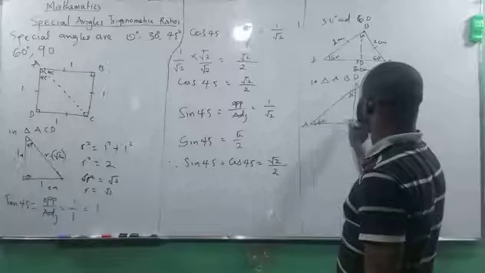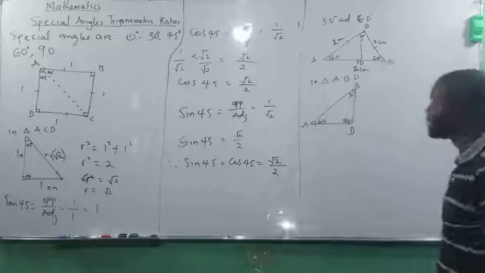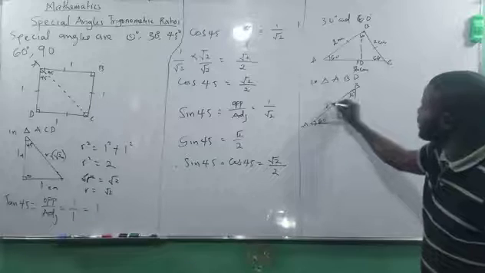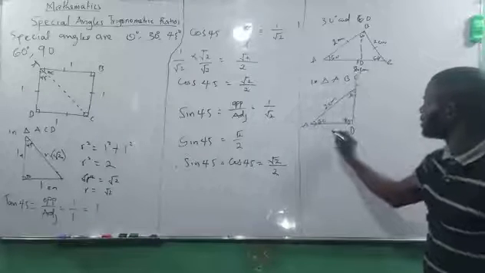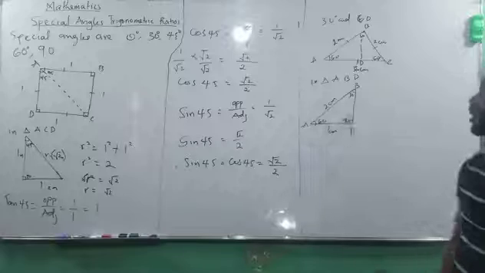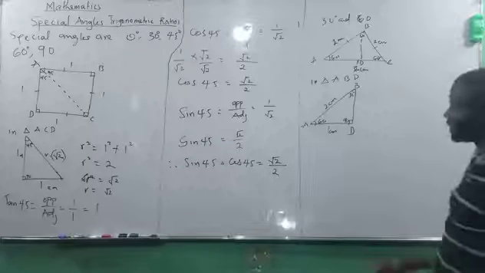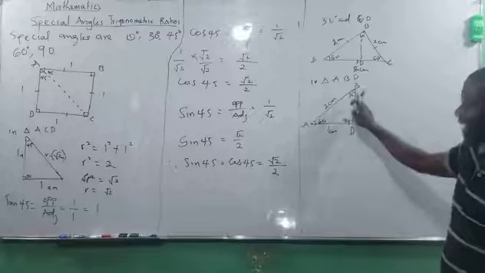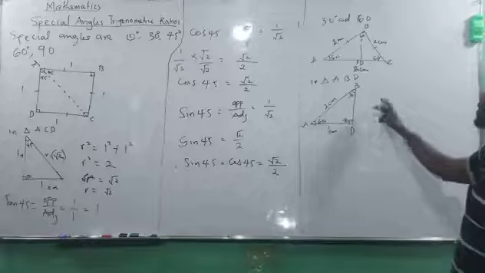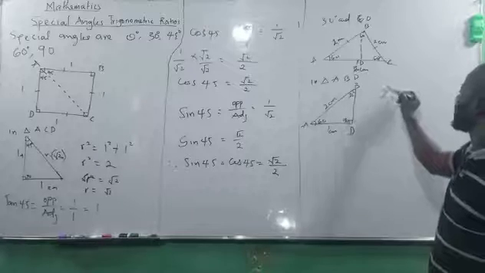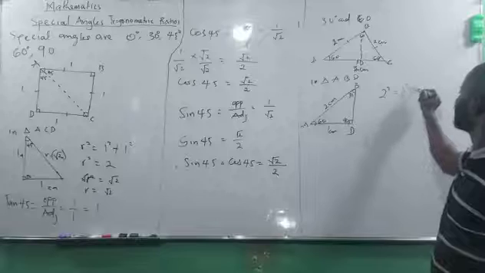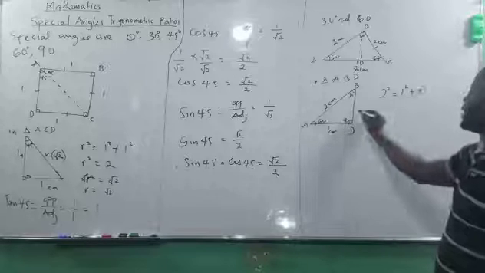And here will be 90. Now, at this junction, we all know that this is 2 centimeters. This one has been cut off to 1 centimeter. I can now look out for my opposite. This is opposite of 90, adjacent of 30. It means I'm saying that 2 squared equals 1 squared plus what? x squared, which is x at this point.